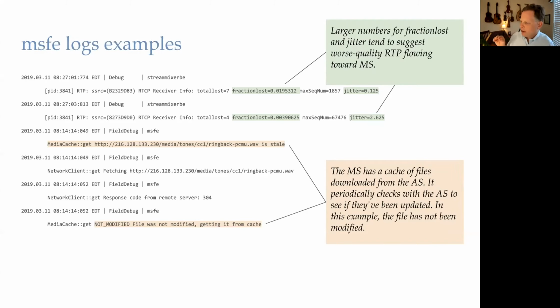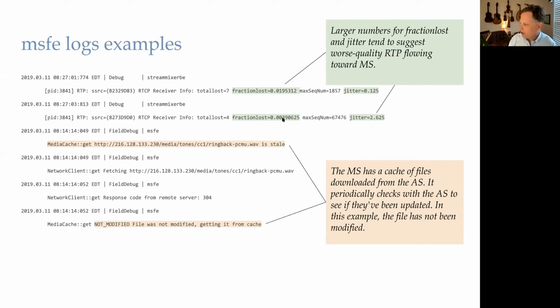So for example, there's RTP information. Remember the RTP, the media, audio and video that's going to and from the media server is set up for auto attendant, for voicemails, for conference calls, and it actually will record some data on the quality of that. For example, it's showing here that the fraction lost was 0.019, so 1.9% packet loss.